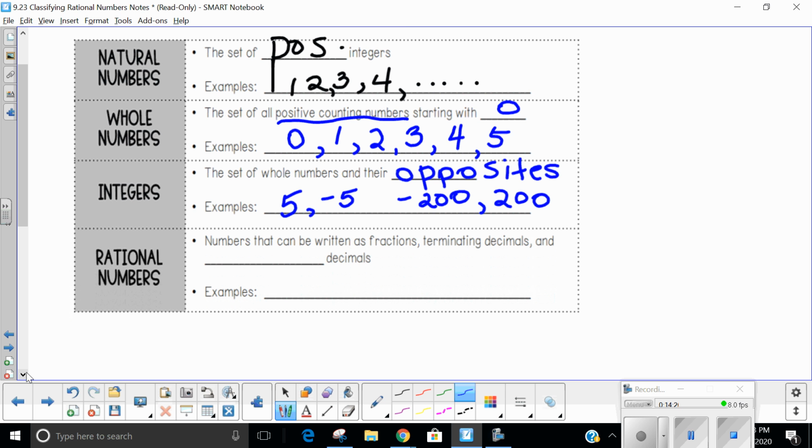And then we have the larger group of rational numbers. And rational numbers are numbers, if you remember from the first page, that can be written as fractions. And when we write them as fractions and we do the long division and we calculate and convert to decimals, then they have to have terminating decimals, and they can also be repeating decimals.